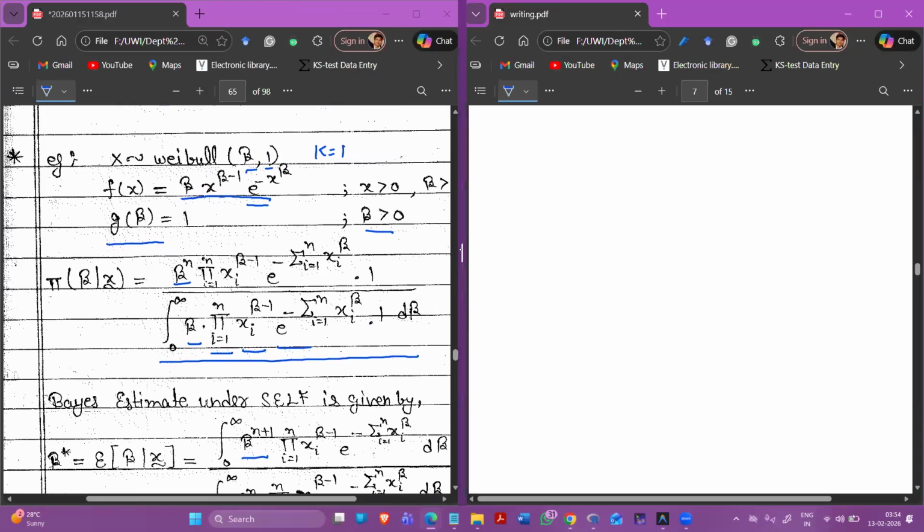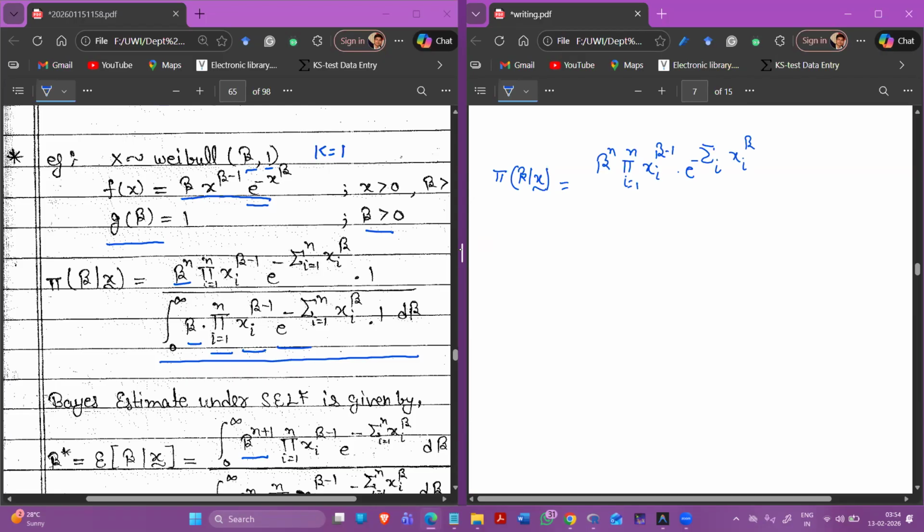See, here you have the posterior density, that is, beta given x. Is it visible for you? That is your beta raised to the power n, product of i goes from 1 to n, xi raised to the power beta minus 1, into e raised to the power minus summation over i of xi raised to the power beta.